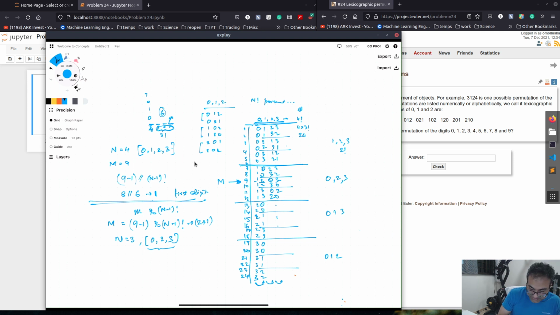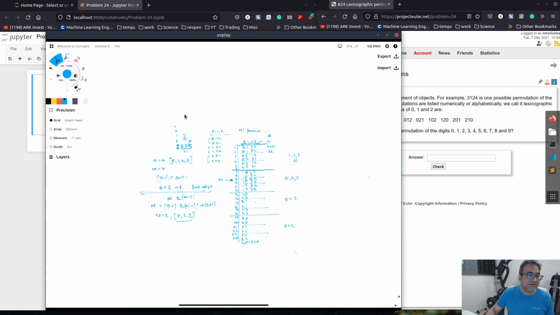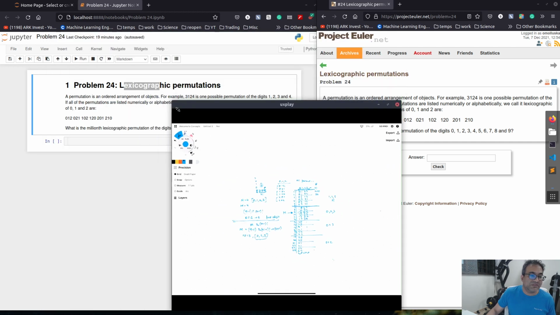Okay, let's see whether we can code this up. I think this is how we can find the nth value without having to look at all the different permutations. Well, that is the idea. So let's see whether we can code it.